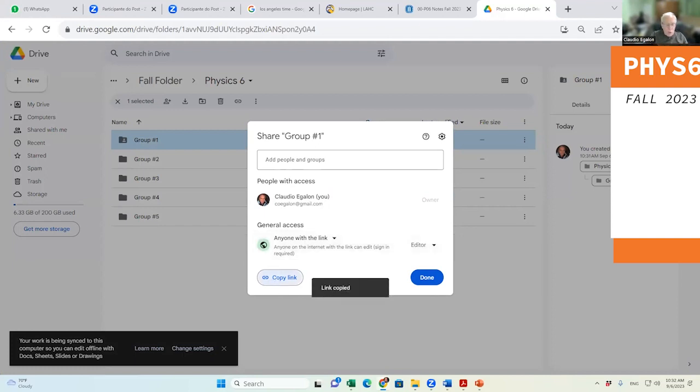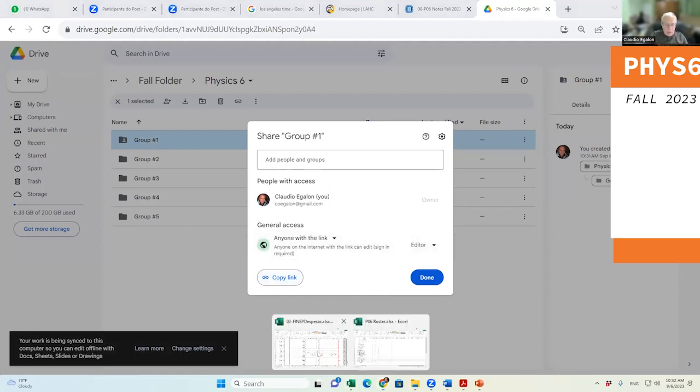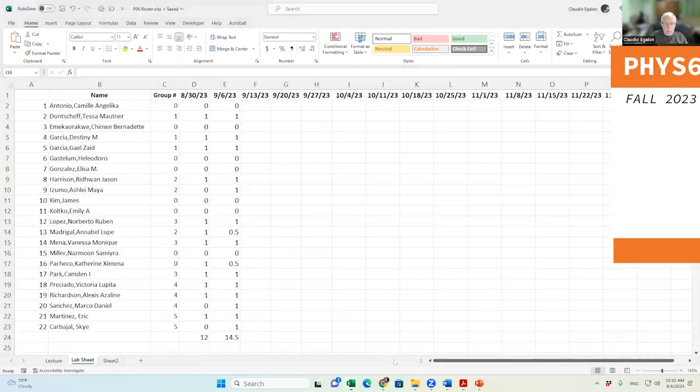And now I'm gonna copy. That's group 1. Group 1 is Tessa, Destiny, and Gael. Okay, let's look for Tessa here. Tessa, this is the link to your group folder.